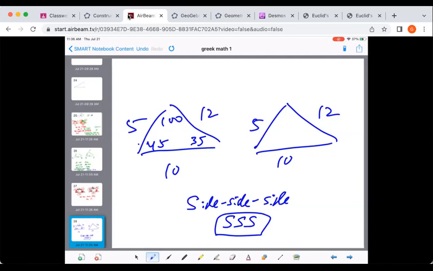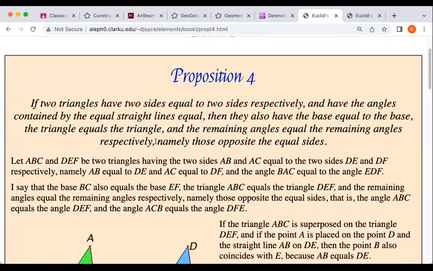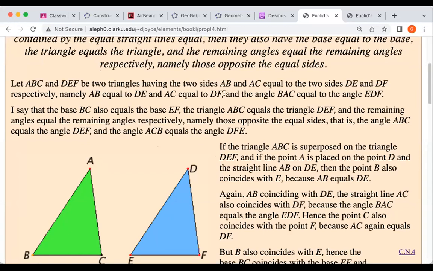By his logic, it's okay. He does do a bit of an argument. I never looked at it, I'm just curious. Let's see. Here are the two triangles. It's written in the first person: base BC also equals EF, and why?